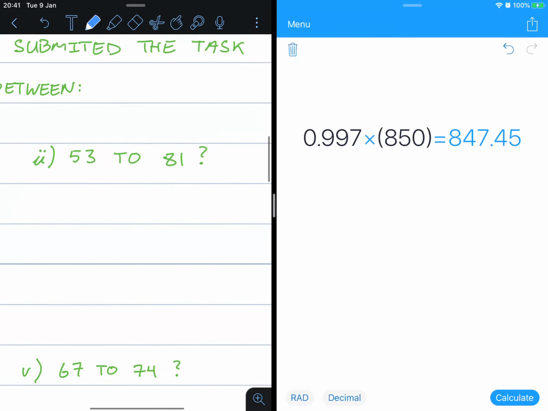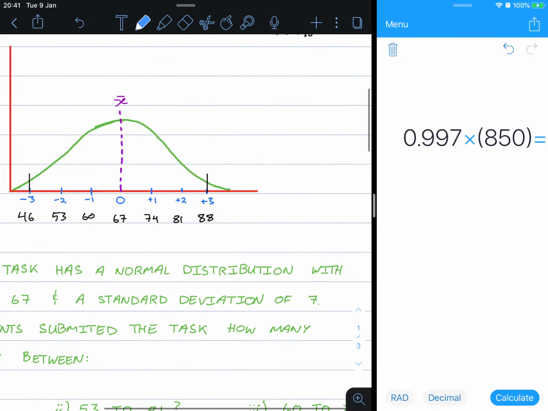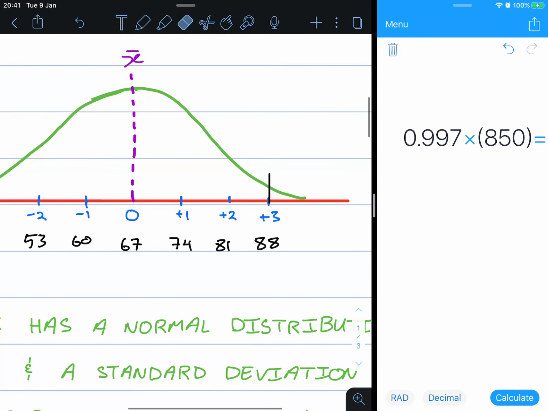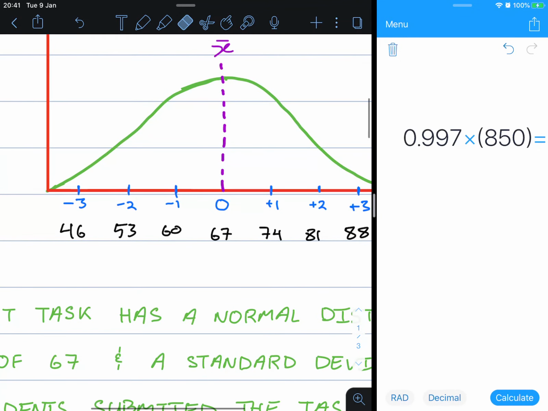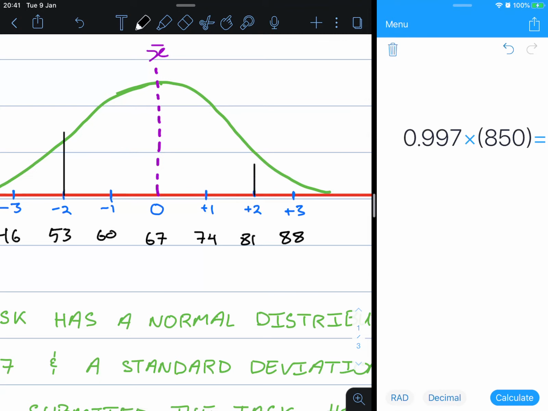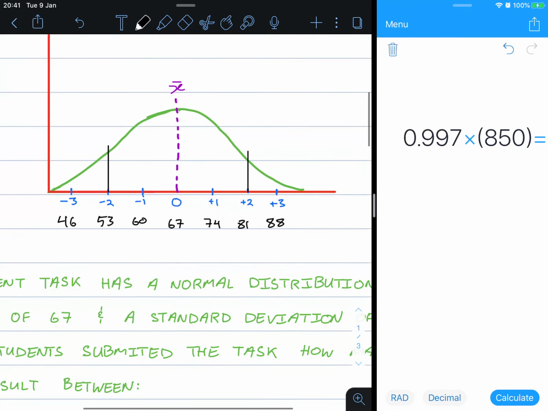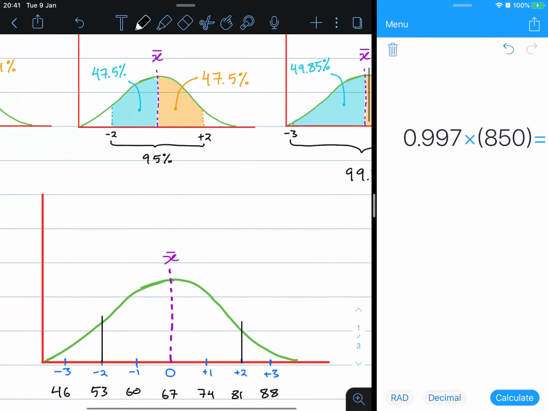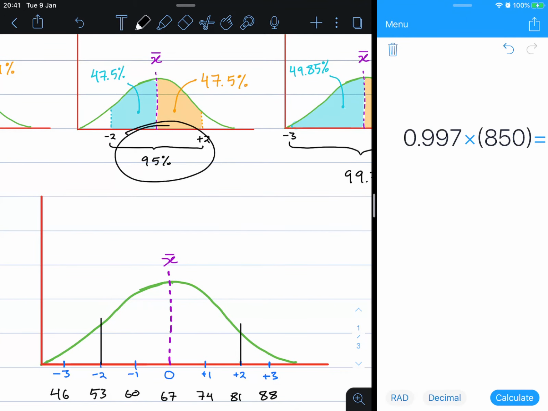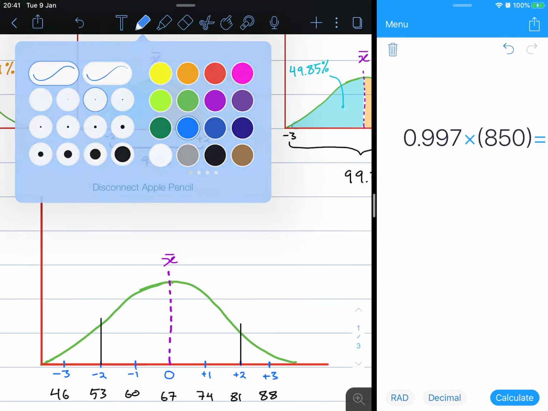Let's continue on. From 53 to 81. So let's write this in. 53 to 81. So between there, well, as you can see, that's -2 and +2 standard deviations, which corresponds to 95%.